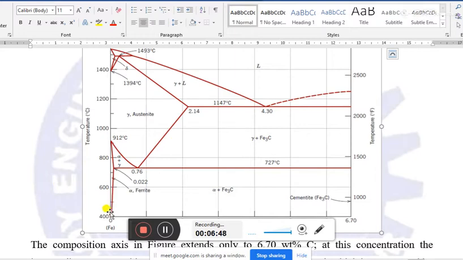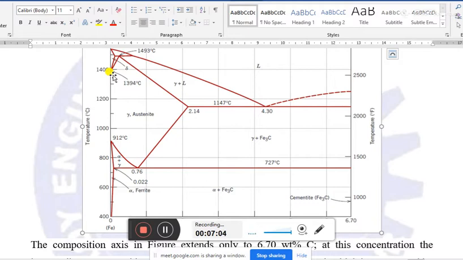Now these portions are actually portions of pure iron, which may make a solid solution after the presence of carbon.